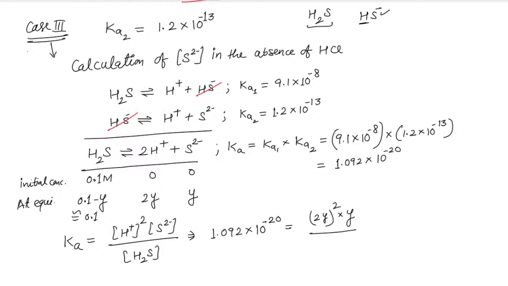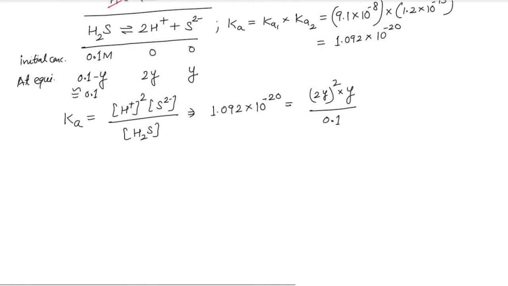Keep in mind, whenever dissociation is less than 5%, we can neglect y or x or alpha, whatever it is, as compared to the concentration given to us. So it is about 0.1 only.